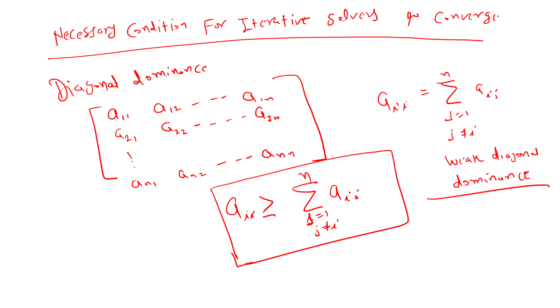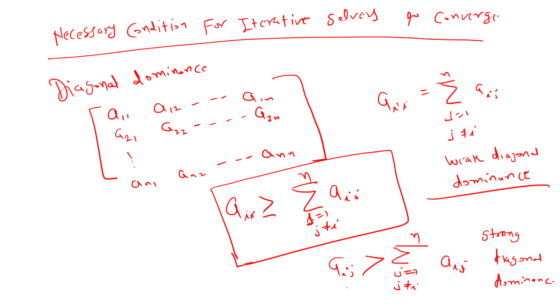Second, if aii is greater than the summation over j from 1 to n, j not equal to i, of aij, with this strict greater sign, then this is called strong diagonal dominance, and this matrix we will be able to converge very easily.